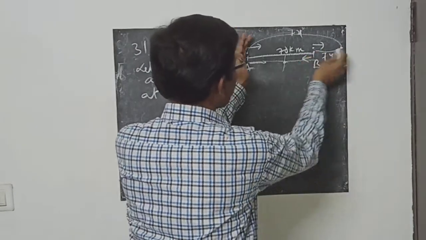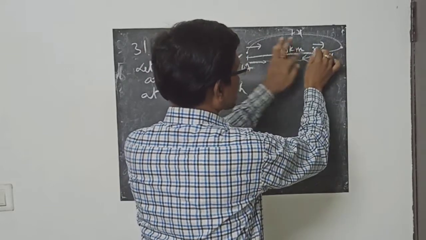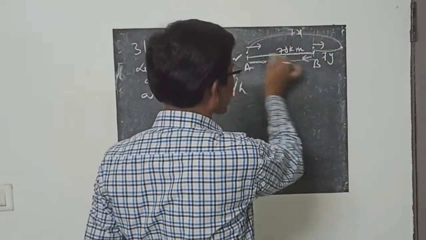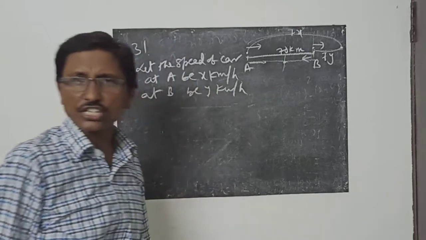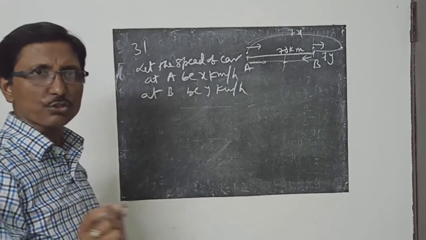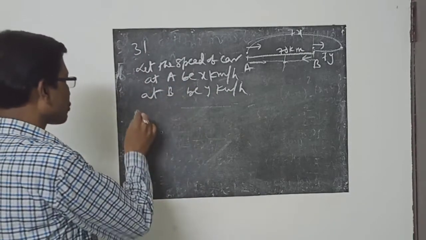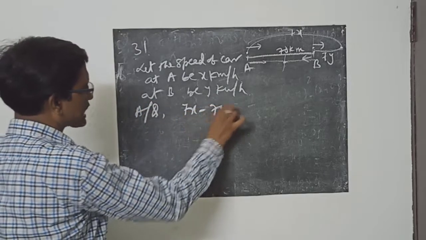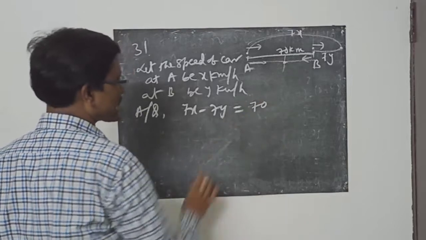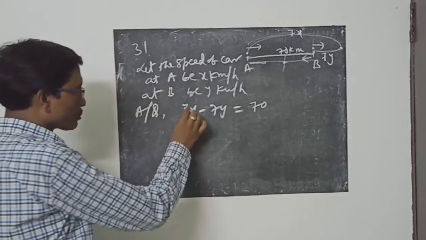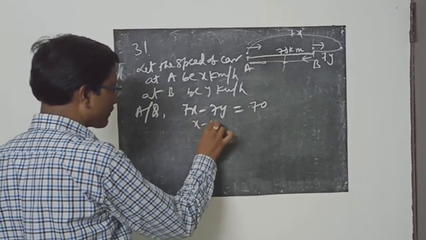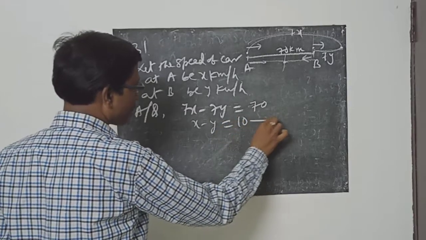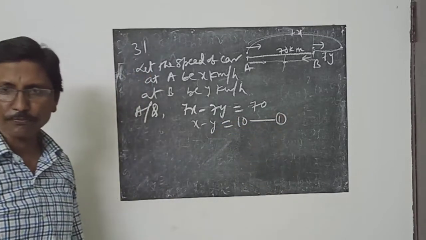From A to this point is 7x and this is 7y. If you subtract, then this distance will be, because same direction means subtract. So 7x minus 7y is equal to 70. If you divide both sides by 7 and simplify, you get the first equation: x minus y equals 10.